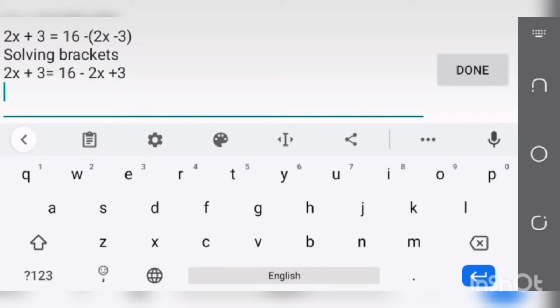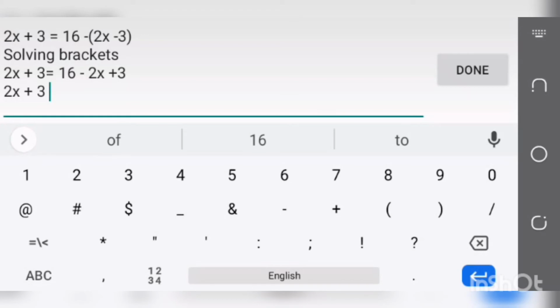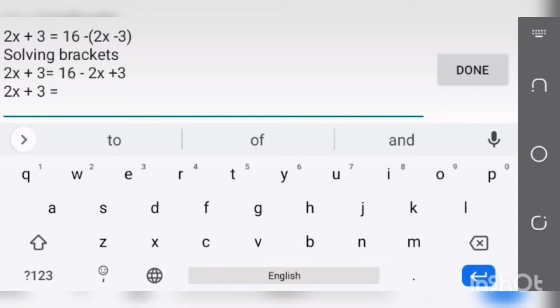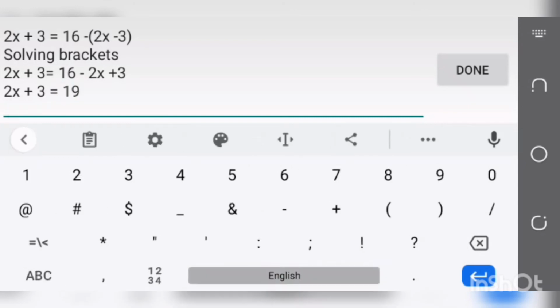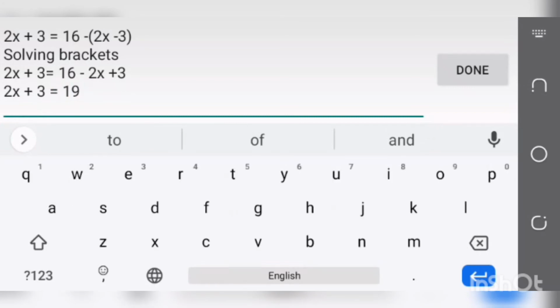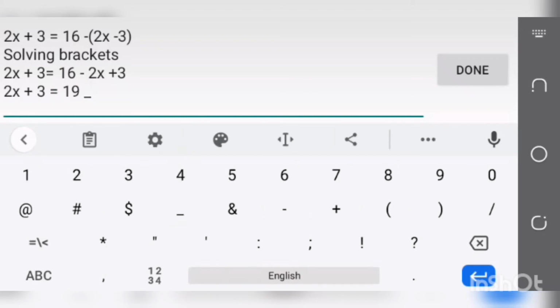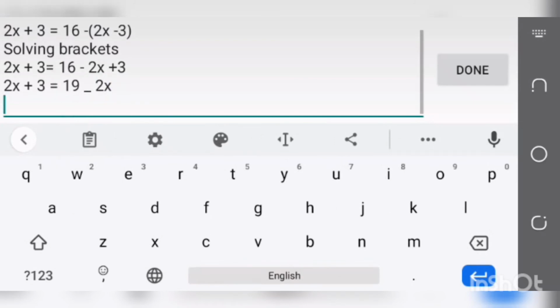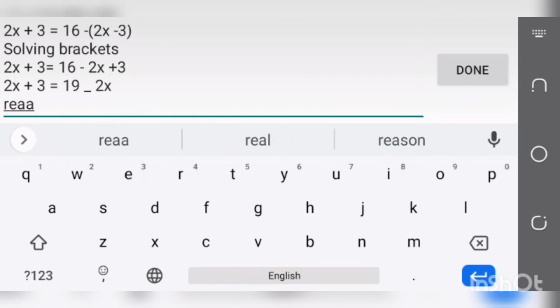Practice can make you faster in performing any question. 2x plus 3, and there is a step when we have to rearrange constants on one side and variables on the other side. 19 we get when we add 16 and 3, and minus 2x, that is the variable. Now in this step rearranging is done.